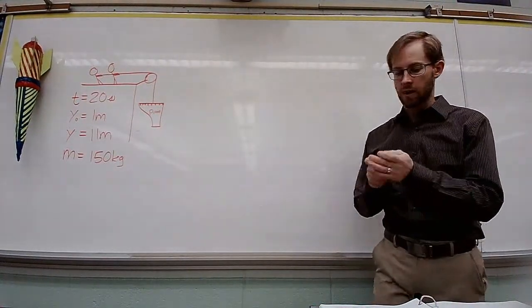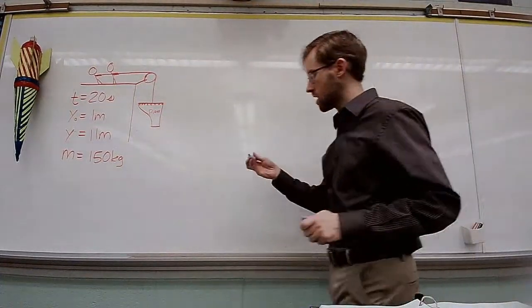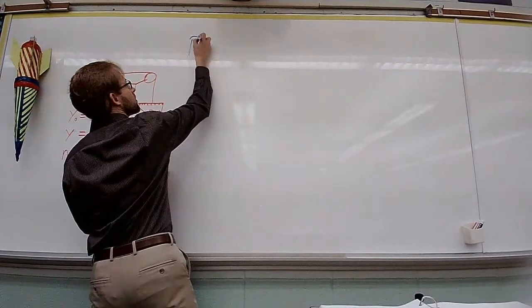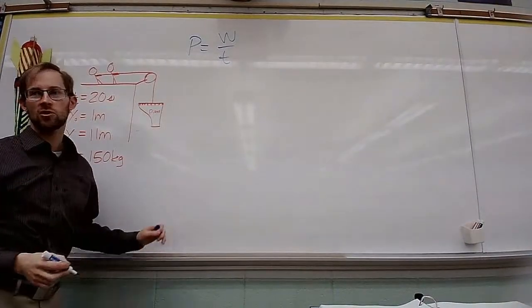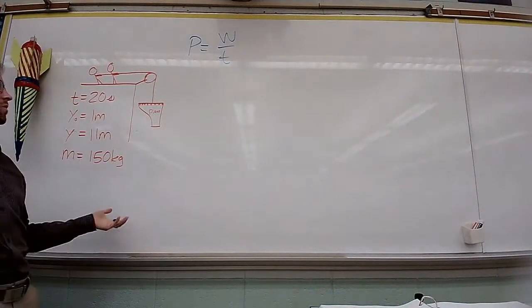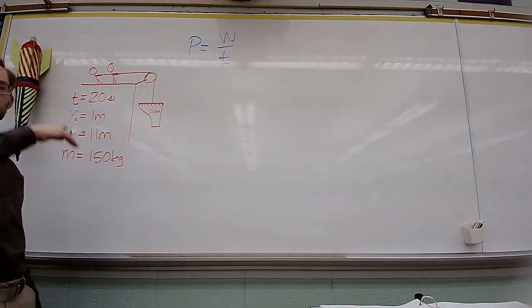So if we want to find out power, we use the exact same procedure we used in the last one. Power is simply equal to work divided by time. And work is just change in energy. What kind of energy should we use here? Potential, absolutely, because we're moving upwards there.